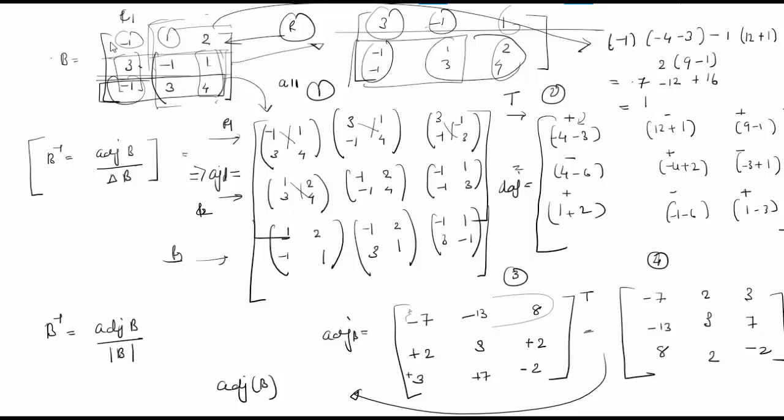So it comes equal to 7 and minus 13 here and 16, which is equal to 10. So my delta or mod delta or determinant of B is 10.